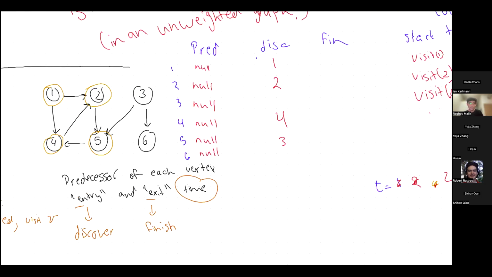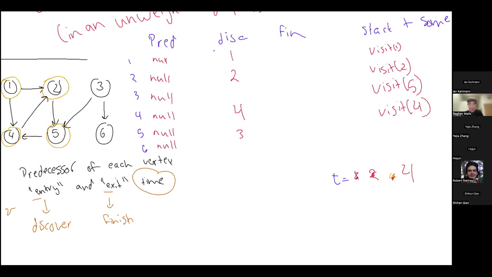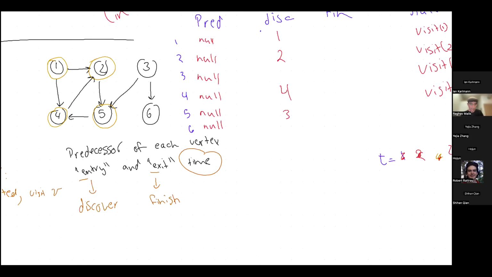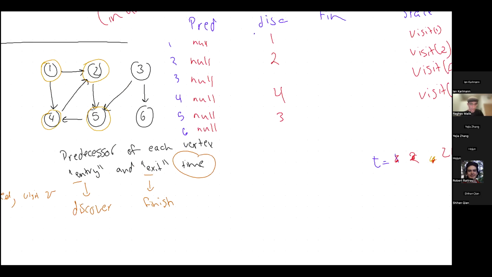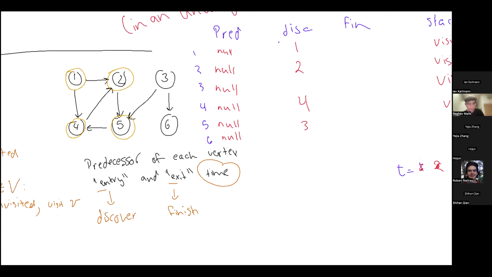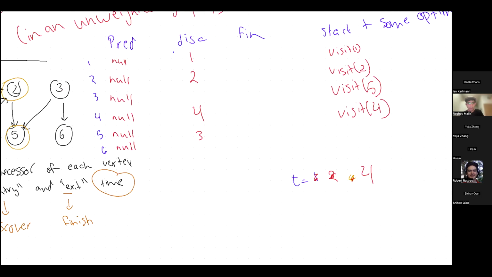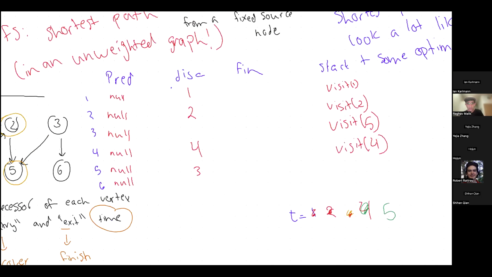5 doesn't have any more outgoing edges. Oh, sorry, I'm done with 4. So before I pop it off the stack, I replace its yellow circle with a green circle for finished, and I set the finish time. So the finish time of 4 is time step 5.